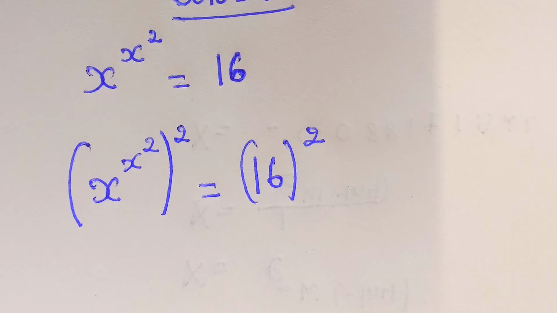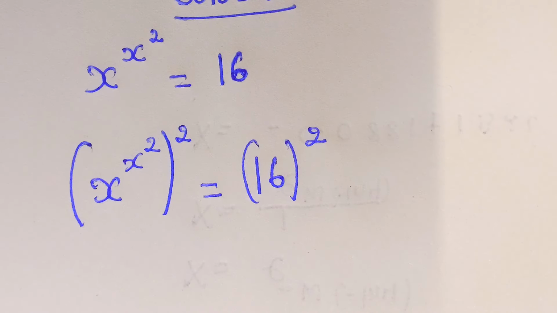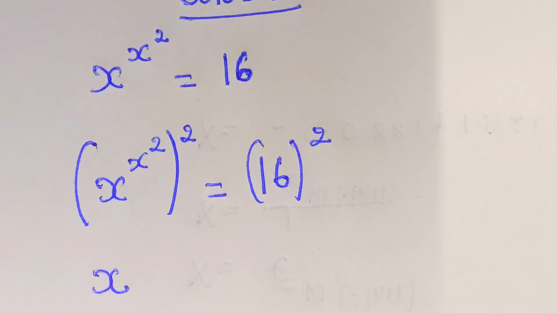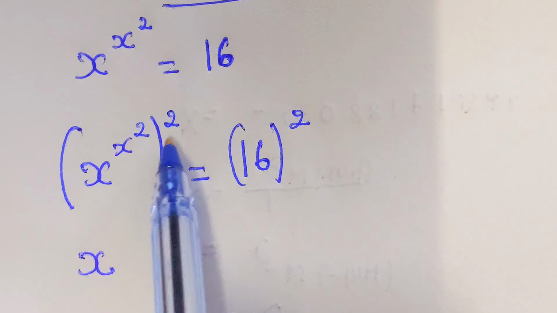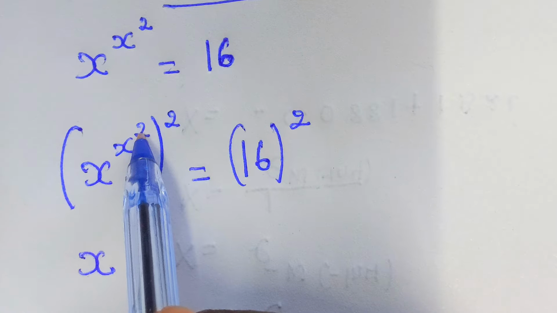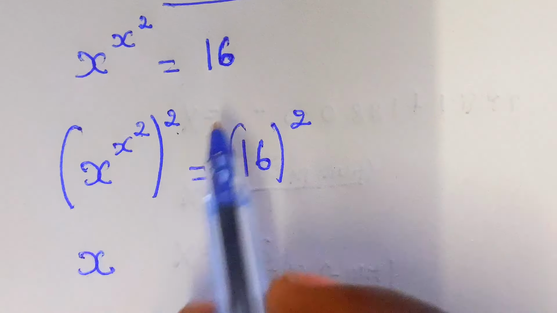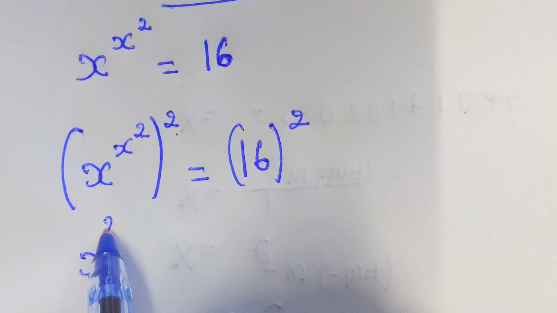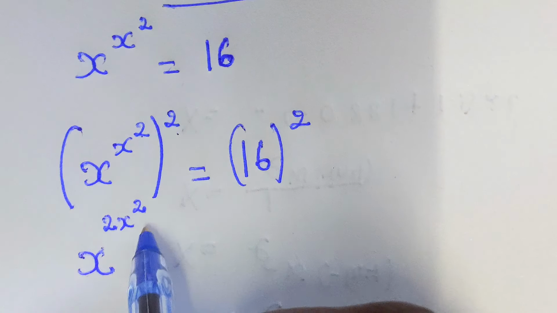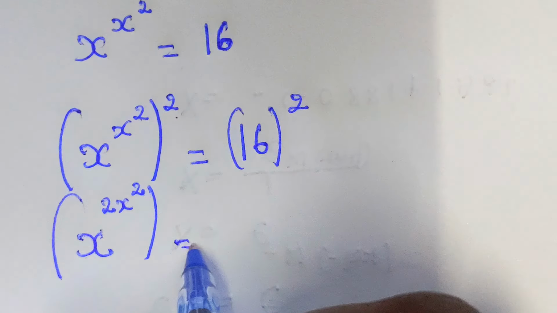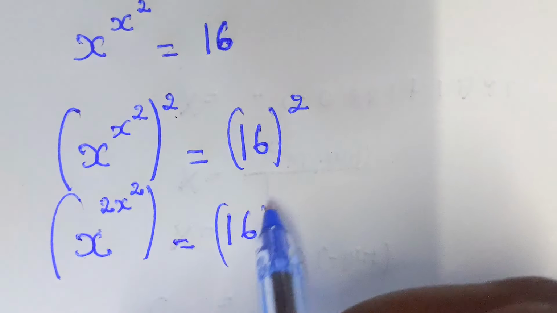What we have right here, then so that here we shall have x, and this is the same as multiplication, meaning x power 2 times 2. That's what we can write: x power 2 times 2, and this is equal to 16 power 2.